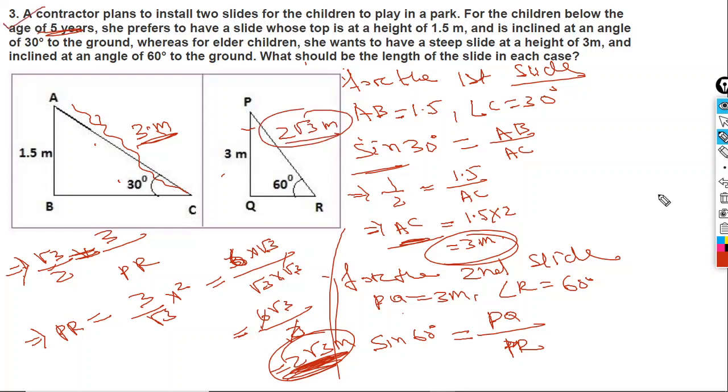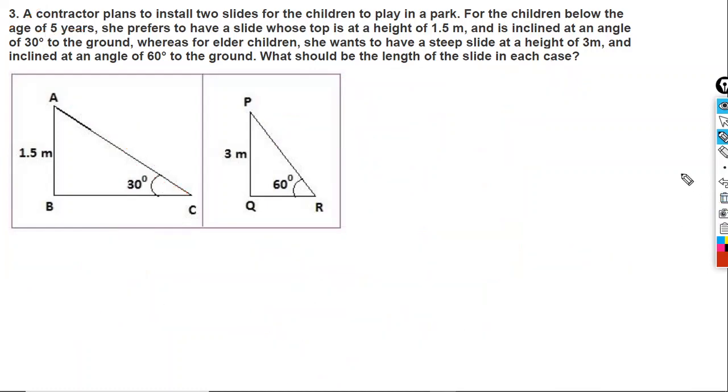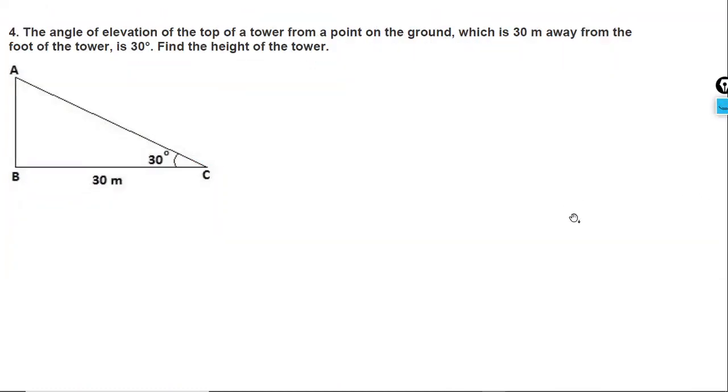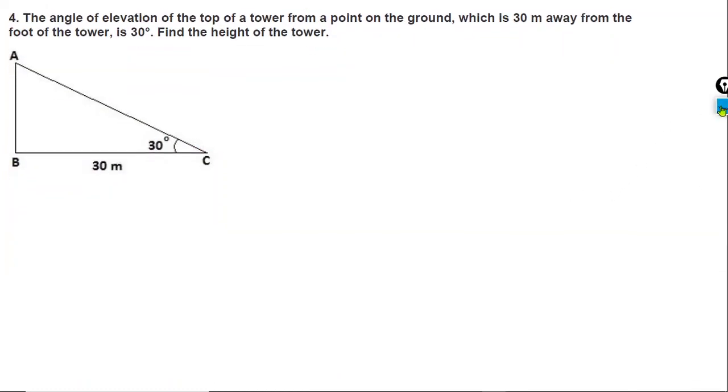Now we will move to question number 4. Now let's read the question. Angle of elevation of the top of a tower from a point on the ground which is 30 meter away from the foot of the tower is 30 degree.